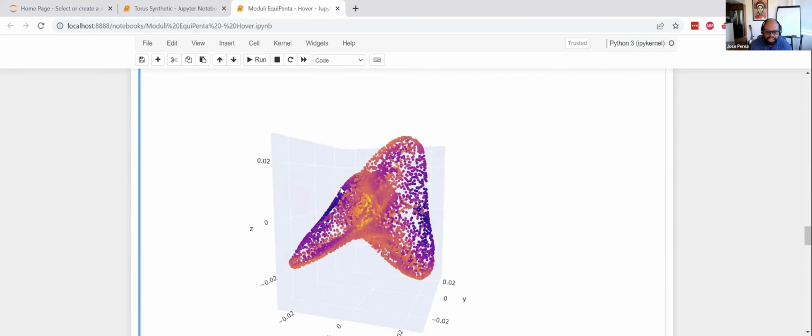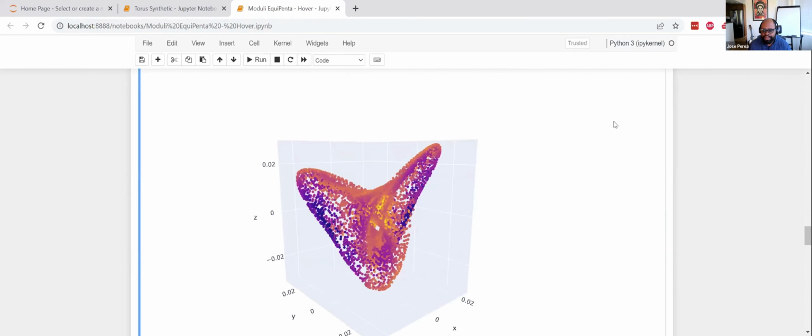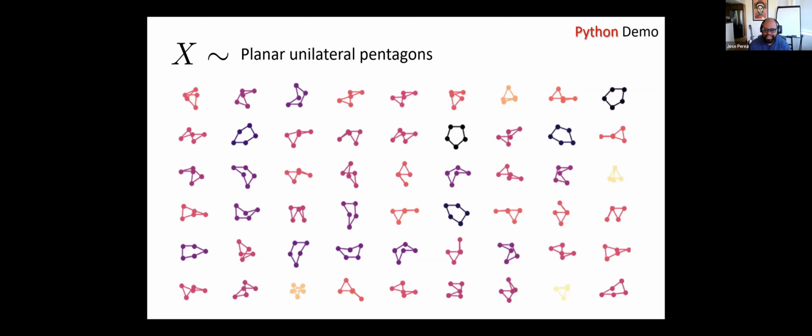Okay, so it's still crushing the data. So I'm going to switch back to the slides, and what I hope you have gained is perhaps the idea that the space of planar pentagons is difficult, and we want to analyze its geometry and its global topology. Okay.